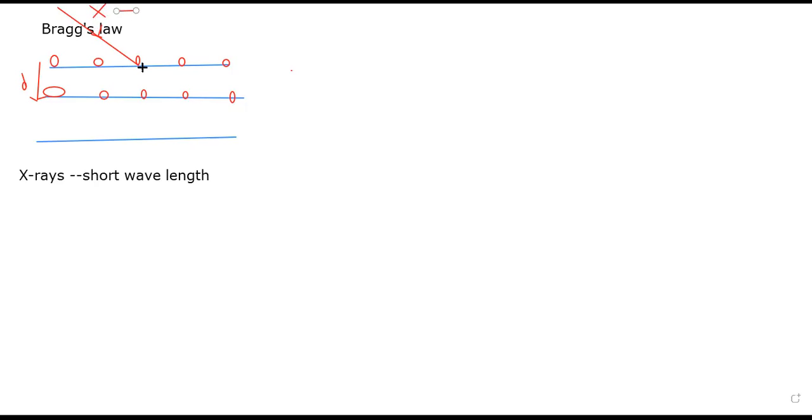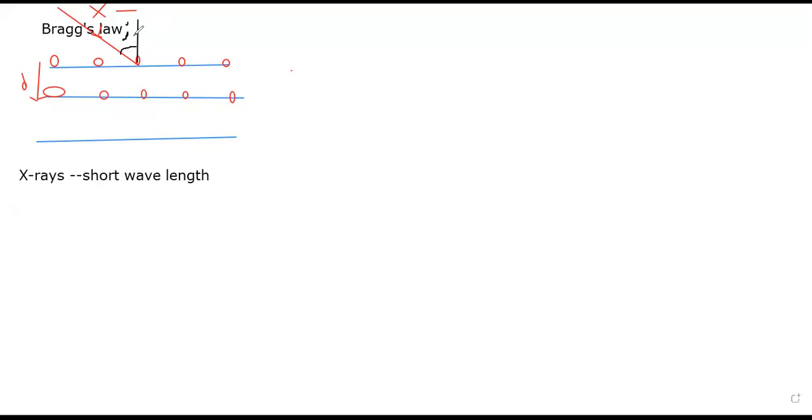And then it is scattered. So here we have to identify what is the angle of incidence. For that, I will draw a perpendicular line. This is the perpendicular line to the crystal lattice, and here we have the angle of incidence.